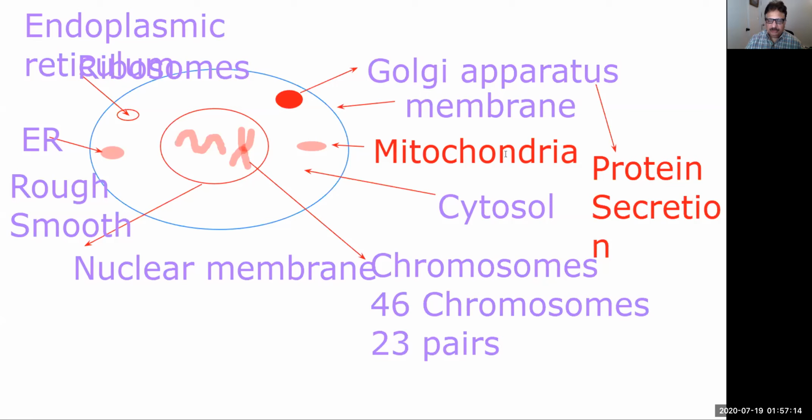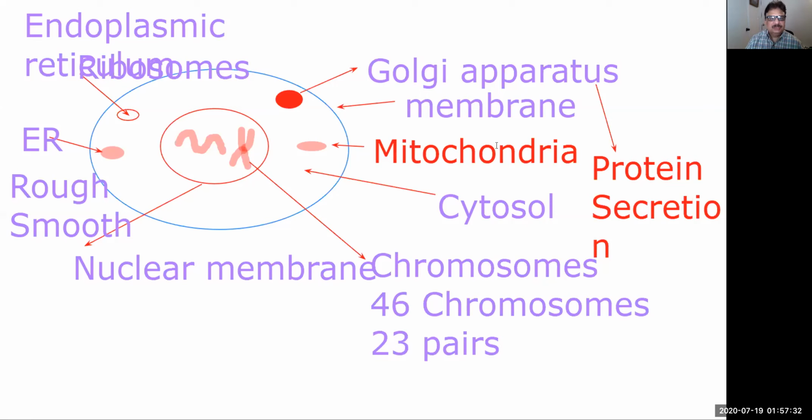Now, one very important thing I would like to mention here: there are two kinds of eukaryotes, single cell like yeast, fungus, or algae, or multicellular like human cells.